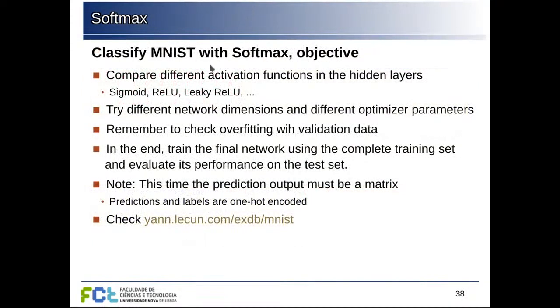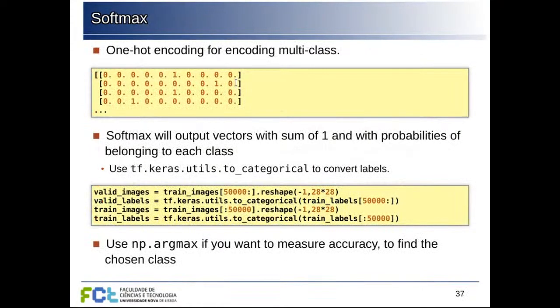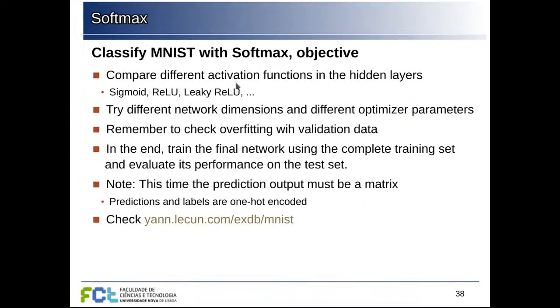Okay, so you're going to have to create your function, your network. You're going to have to use the appropriate output of your network. So this will be a softmax using 10 neurons as the output. Remember that we have 10 classes here, so you need 10 output neurons and apply the softmax on them. But for the loss function, because of numerical stability, you should use the loss function from TensorFlow for the softmax cross entropy.